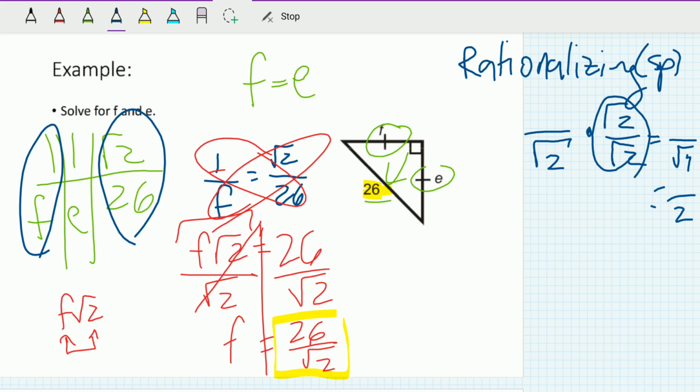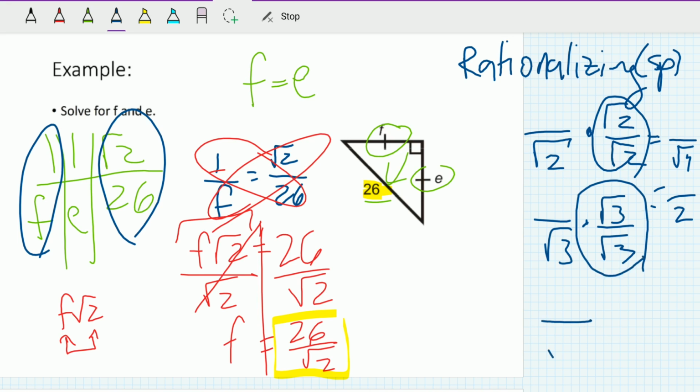Say for instance this denominator had been a square root 3. I forget what I call it in class. I call it the random step. So you would have to do this random step only when the denominator has a square root in there. That's the only time you would have to do this random step.